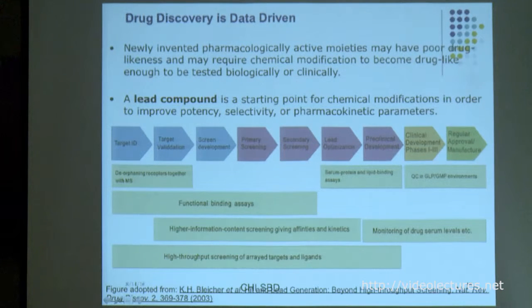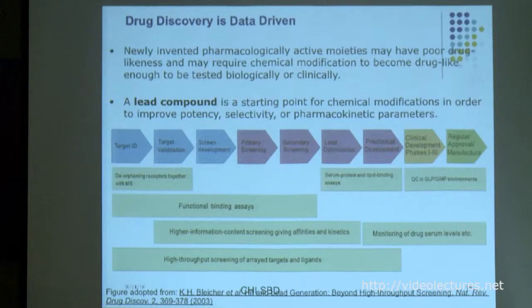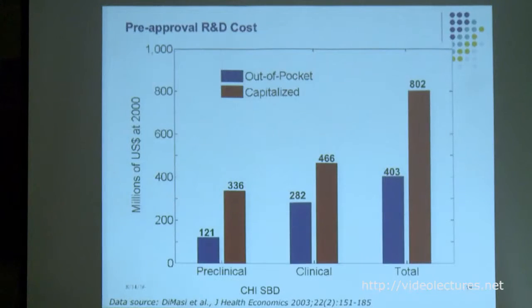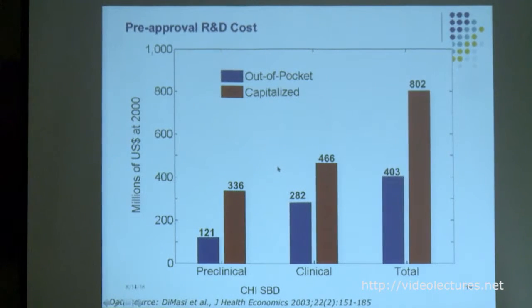And you can divide the things we talked about before into target identification, target validation, screening, and development. We won't go through the details. In each and every step, informatics plays a role. Why? Because overall, it's a very risky process. It takes a lot of resources to develop a drug and bring it to the clinical phase.